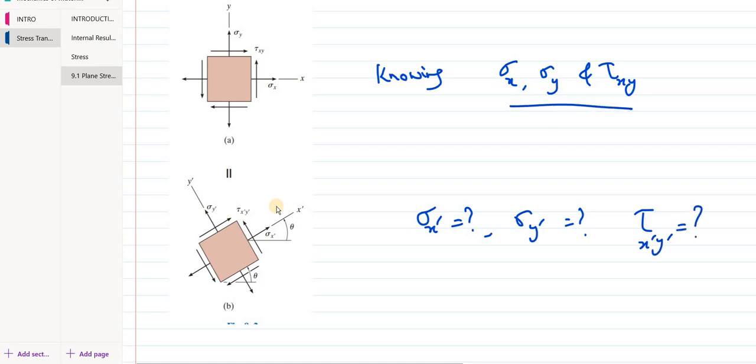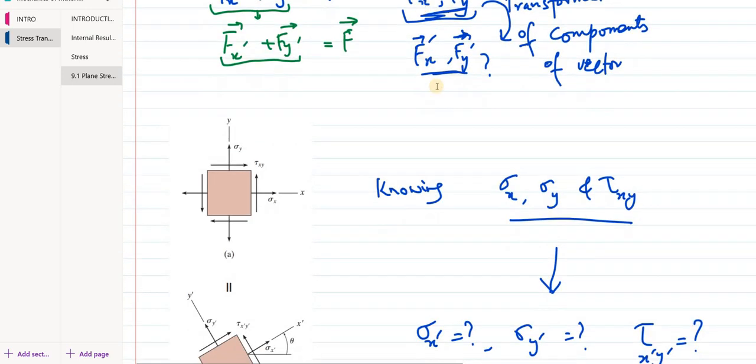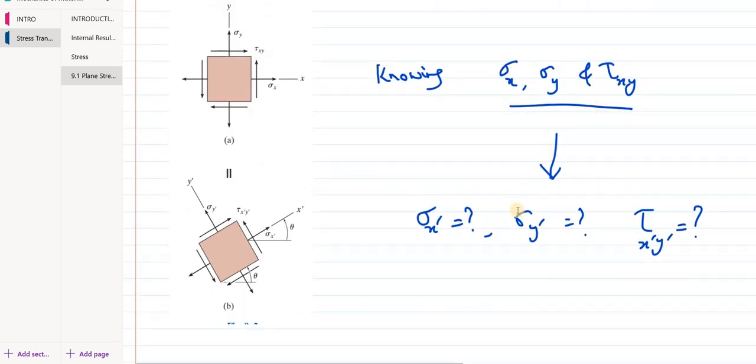Knowing this and calculating this, just as in case of force. All right, knowing the components in one coordinate system and transforming them into components in another coordinate system.